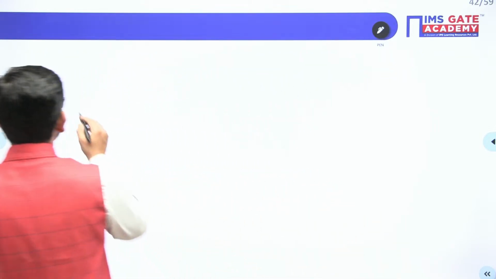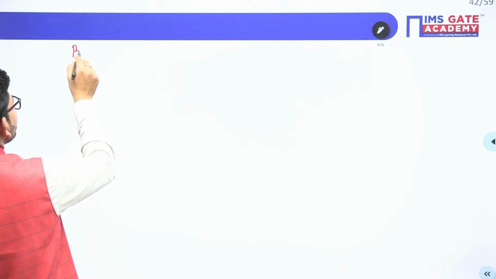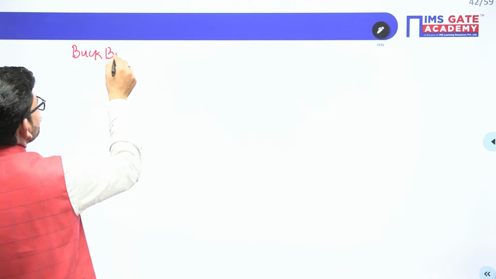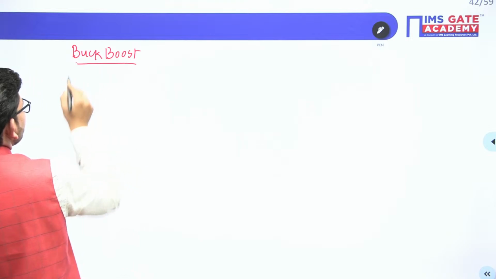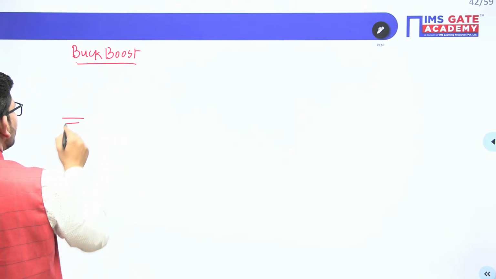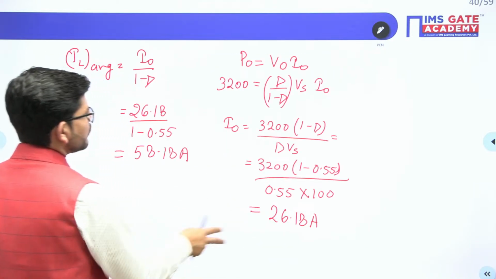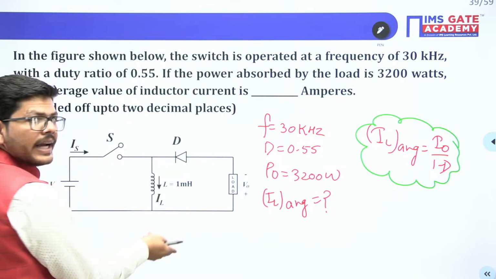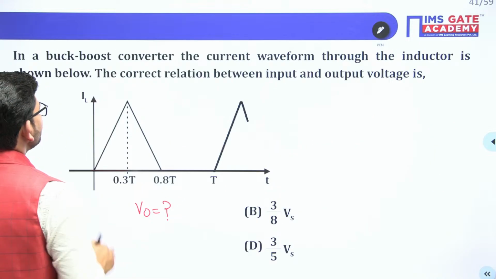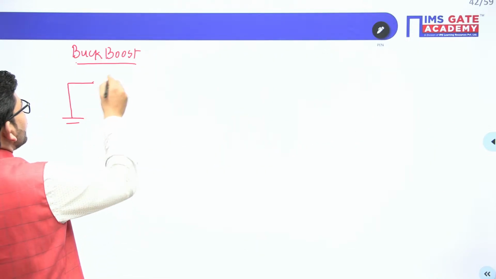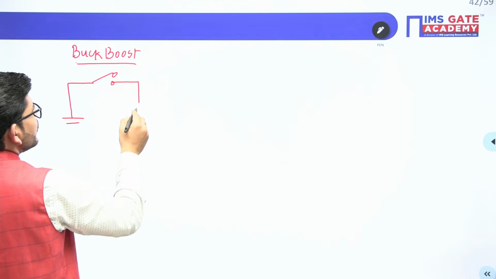So what is the circuit diagram of the buck boost converter? We have the source voltage, and after that what do we have? See here, this was the buck boost converter problem that we have done, isn't it? So you can copy this particular figure here. So we have this switch, and then what do we have?